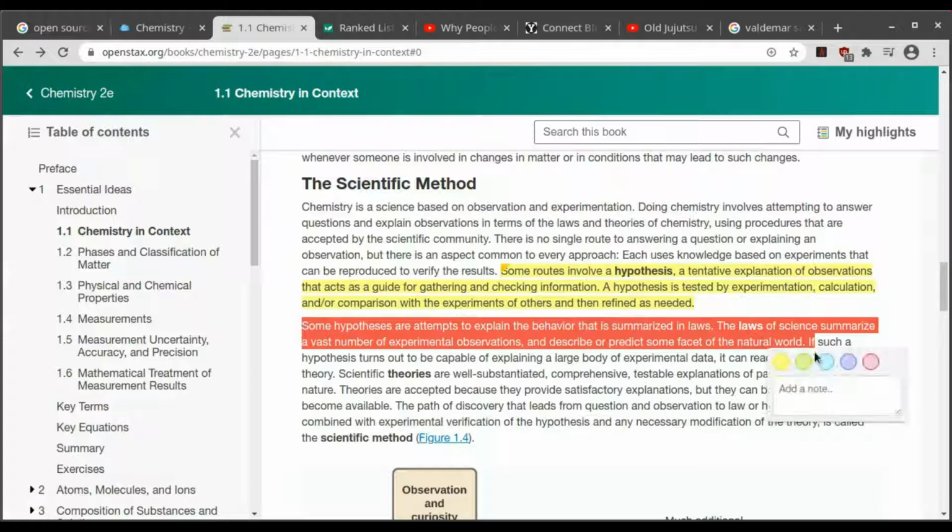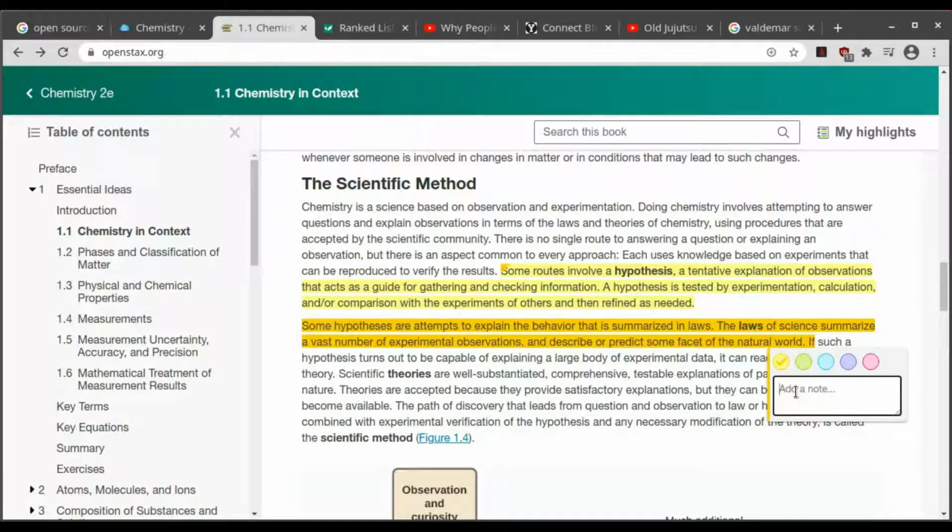Accidentally highlighted a little bit too much there. I didn't want to get over into, so let me fix this here. I'm going to delete this note and be careful to only highlight the part I want to highlight.